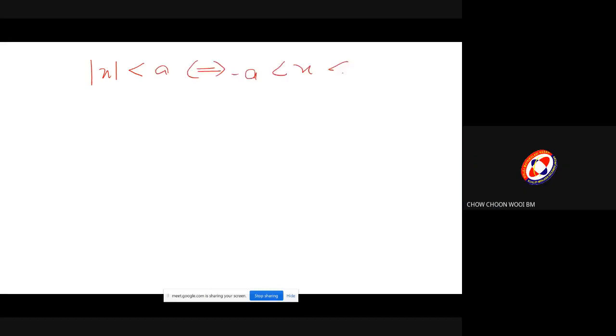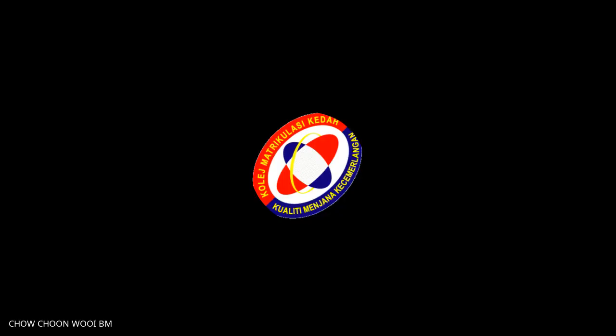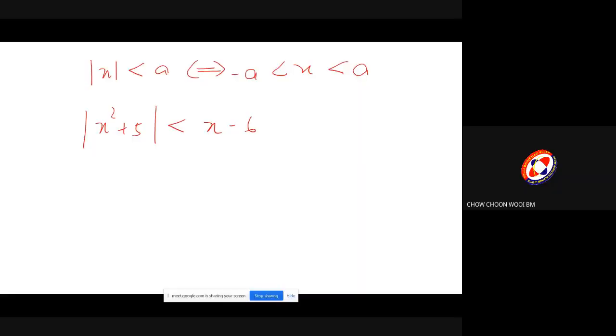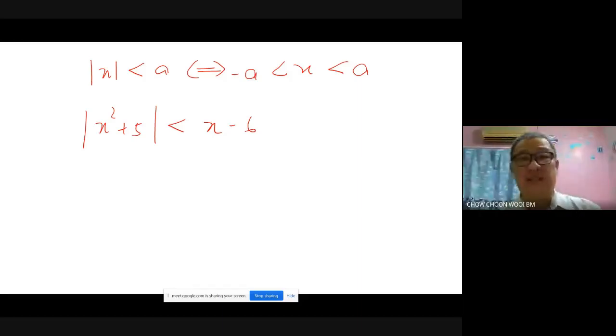So let's say if I give you the modulus of x squared plus 5 is less than x minus 6. Okay. Rumus ini adalah untuk kita expand. That's just to solve the inequality involving one-sided modulus, yang melibatkan modulus.